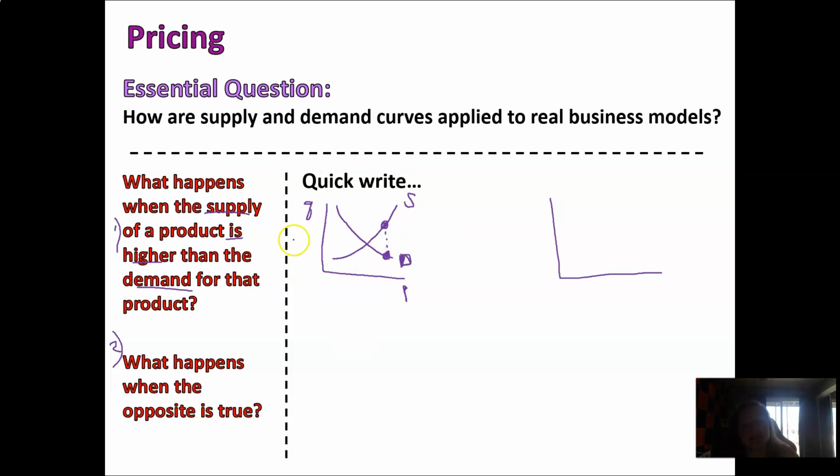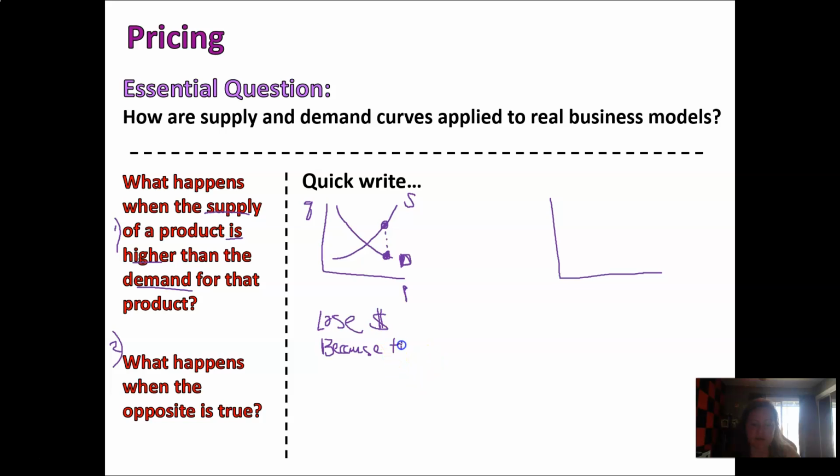So in this situation, more product would be supplied than consumers would want to buy, right? So the company would lose money because they have leftover items, right?